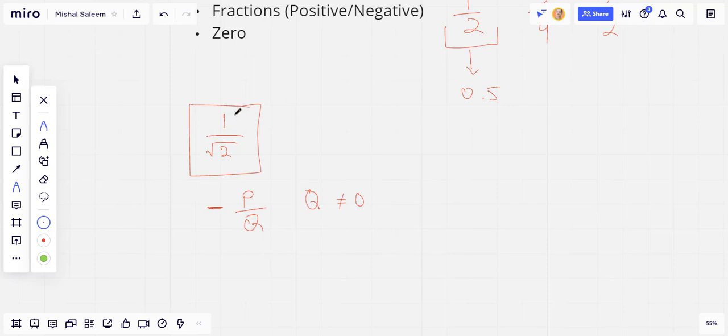Alright, so 1 is an integer and square root 2 is not an integer. There is a square root on it, and integers don't have a square root on them. But still, just to make it a bit more clear, let's say that rational numbers are terminating decimals.